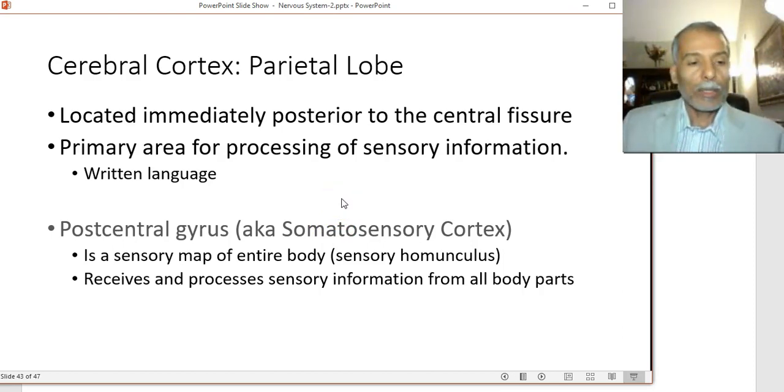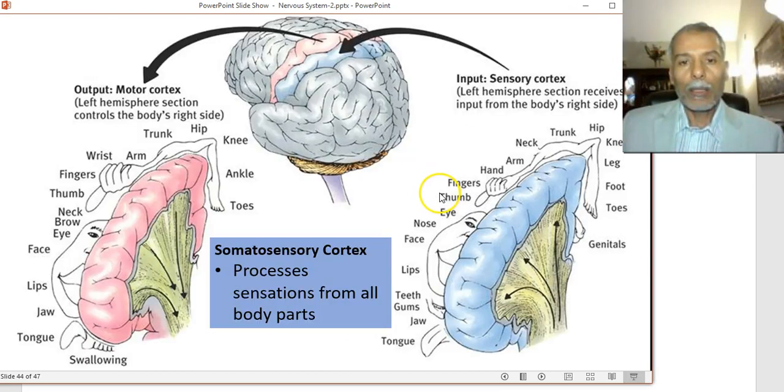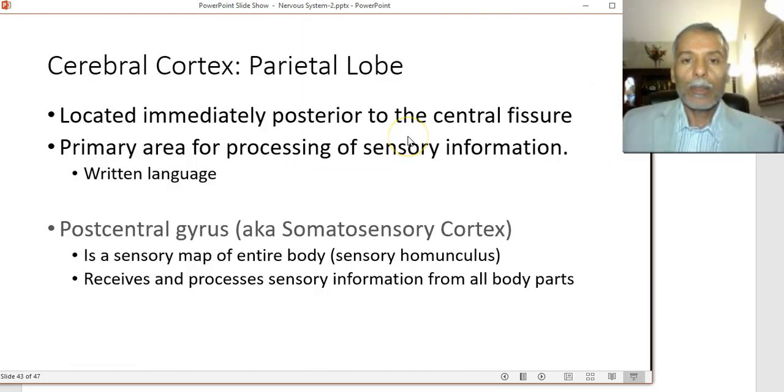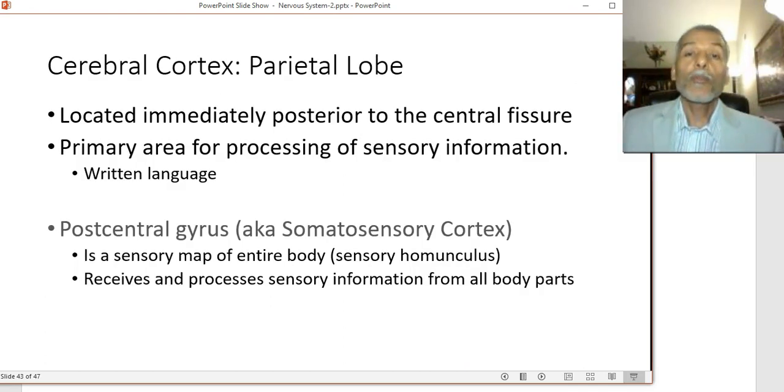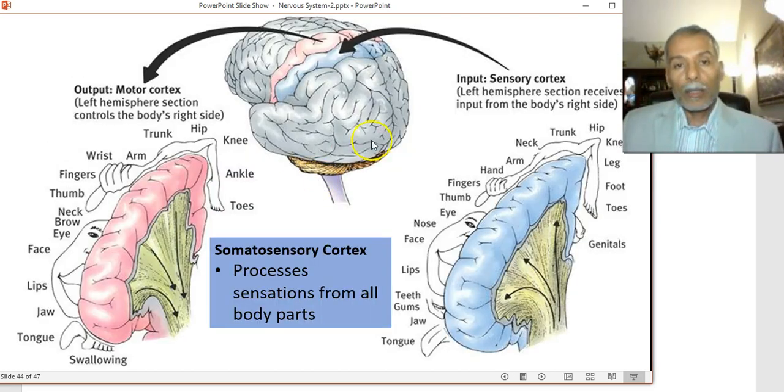The parietal cortex, that area here is, again, responsible primarily for sensory functions. And it has the precentral gyrus, this gyrus here, that blue area that is part of the parietal cortex, that is the somatosensory cortex that I showed you earlier here.